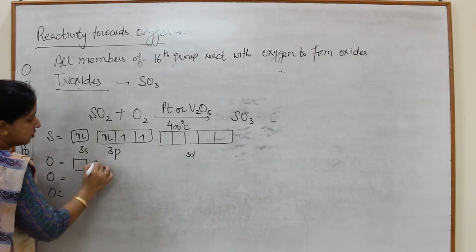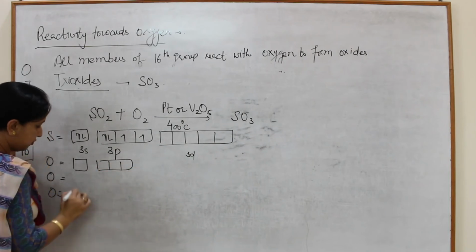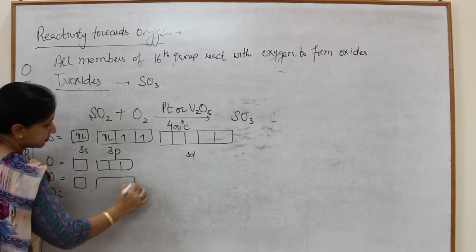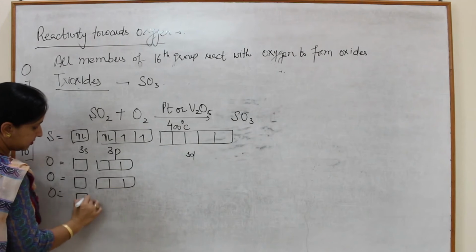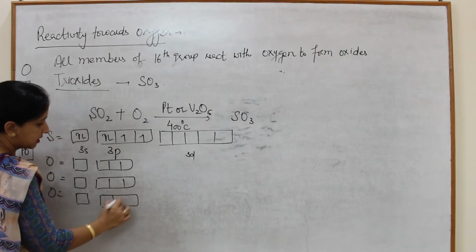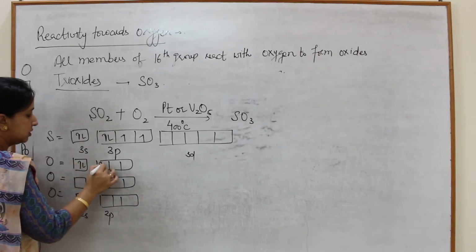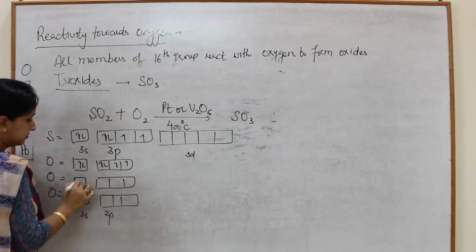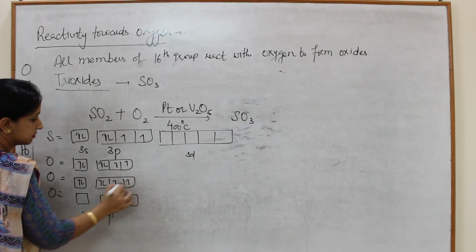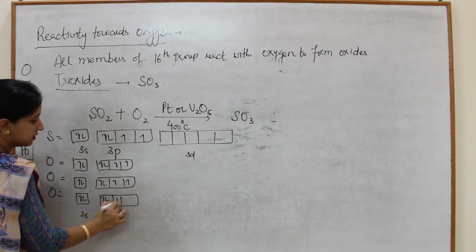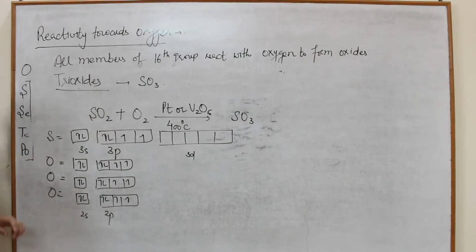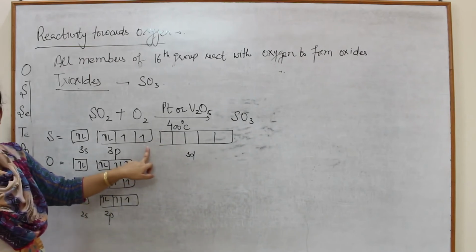All of them have 2s2, 2p4. So these are 3 oxygens and this is sulfur.